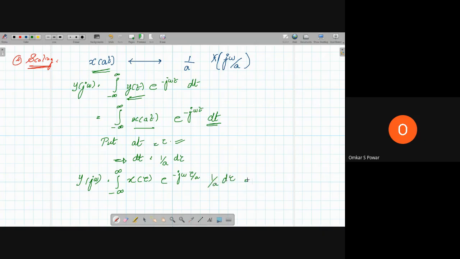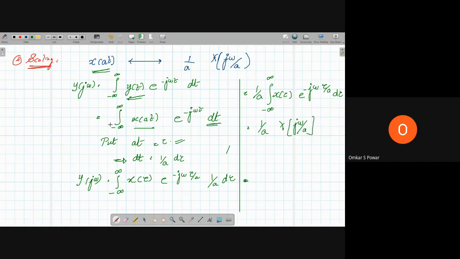How can I simplify further? Let me divide this into 2 and simplify here. I can write this as 1 by a integral from minus infinity to infinity x of tau e power minus j omega tau by a into d tau. So this is nothing but 1 by a and X of j omega by a.